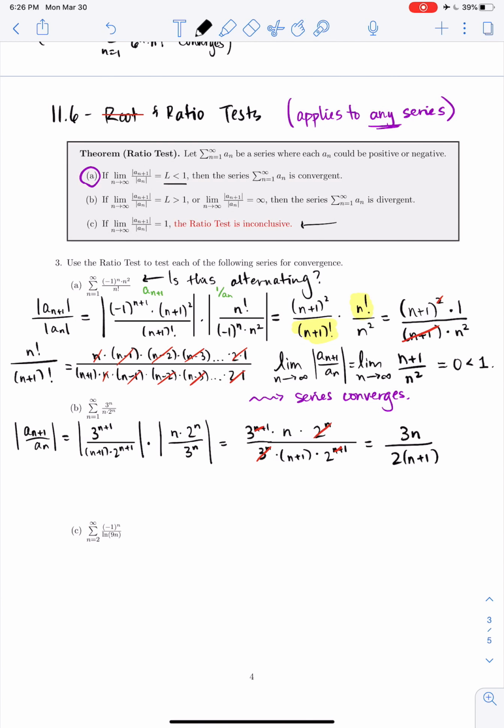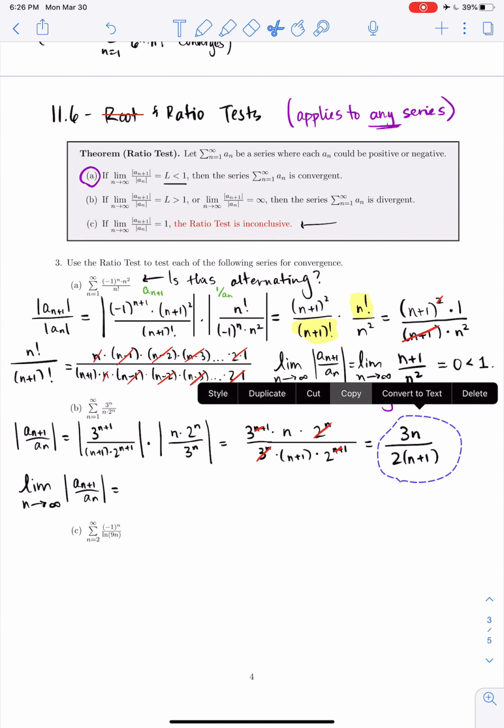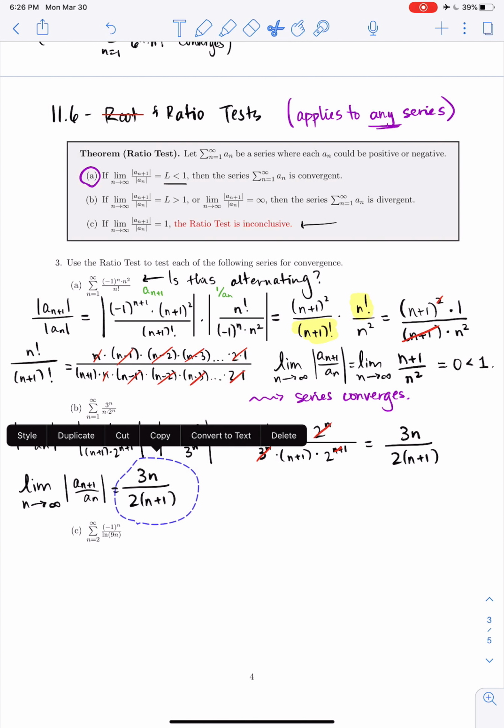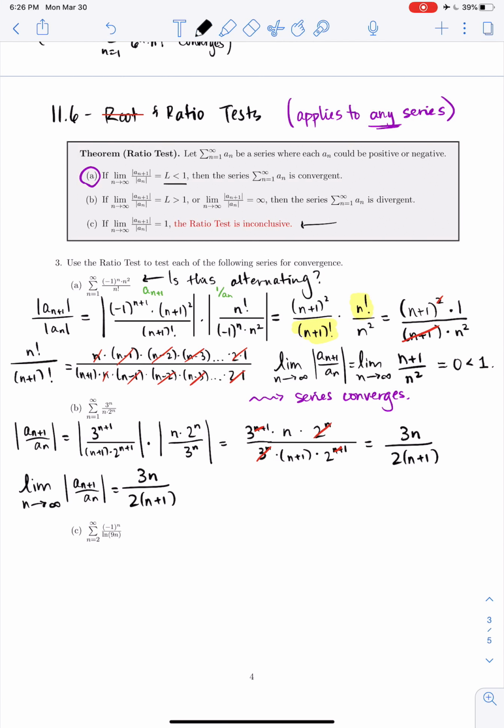And as we take the limit of this ratio that we just reduced, 3n over 2 times the quantity n plus 1, you can do this a variety of ways. You could use L'Hopital's rule if you like. This is 3/2.